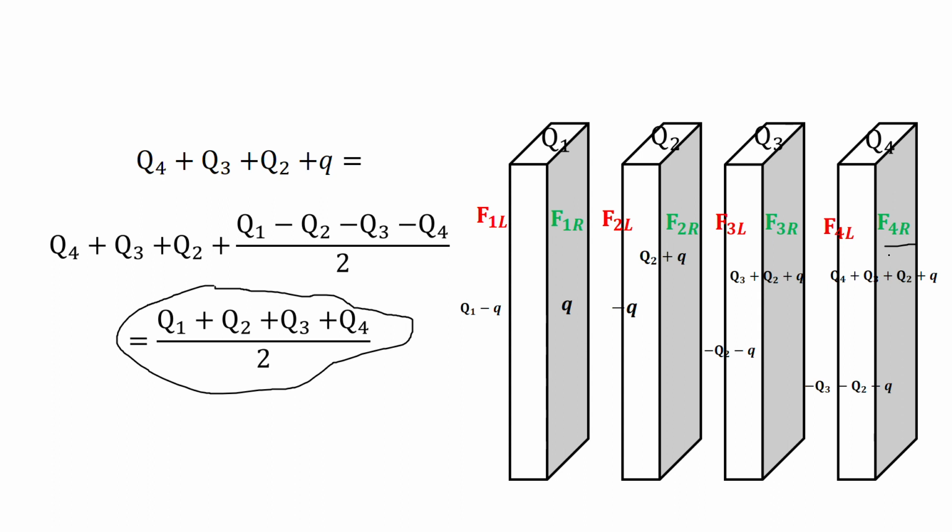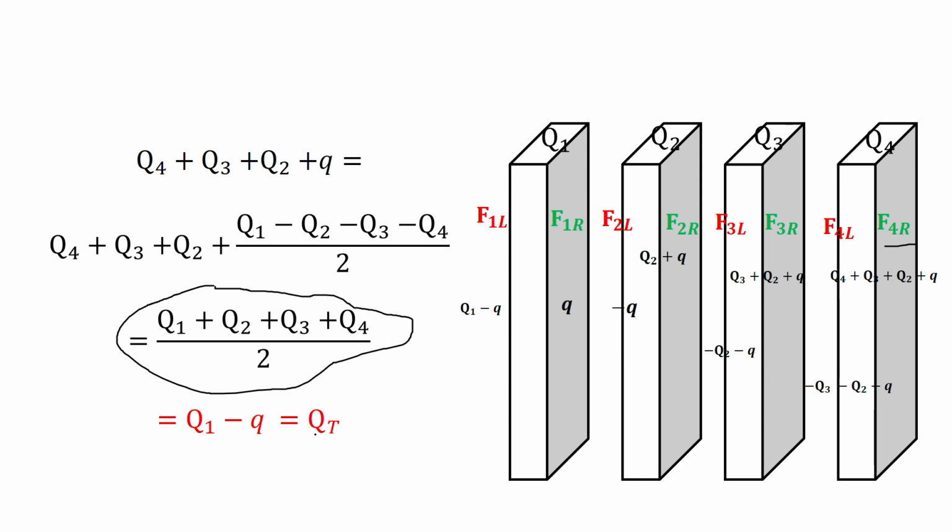So this value, which was q4 plus q3 plus q2 plus q, equals the sum of all charges divided by 2, which was equal to q1 minus q, the charge appearing on the extreme left face. So these are the two results that we will use.